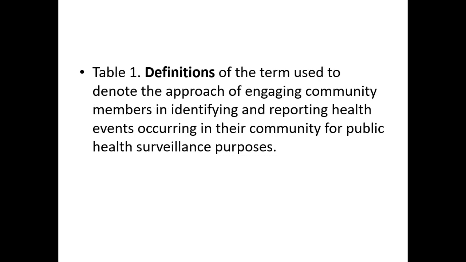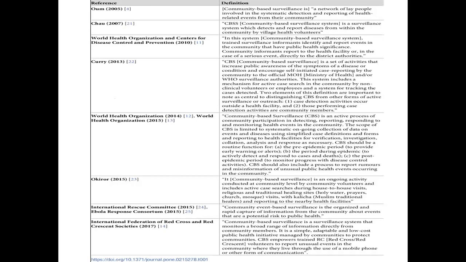So we have an illustration after this, Table 1, where they wanted to know about the definition of the term used to denote the approach of engaging community members in identifying and reporting health events occurring in the community for public health surveillance. So it's just a definition. Let's go to the next slide. So it was a scoping review.